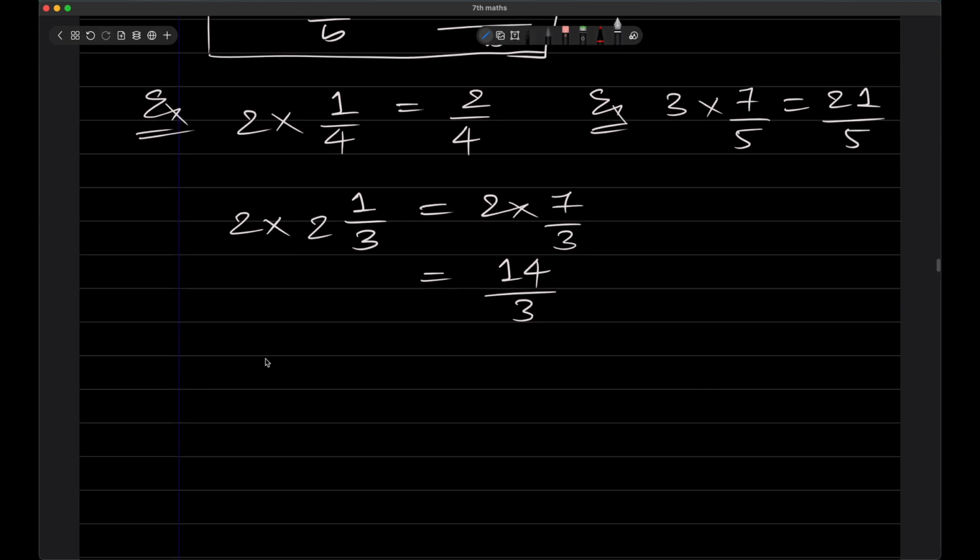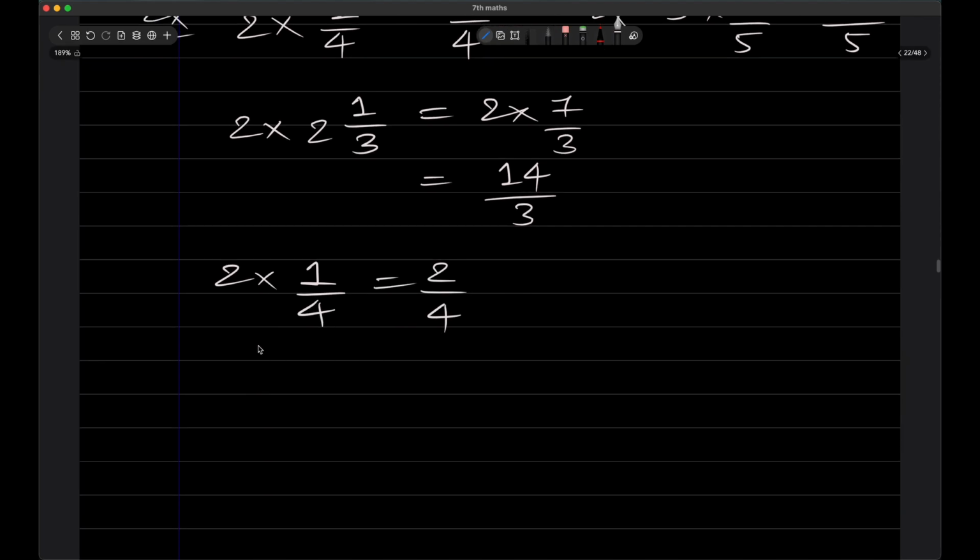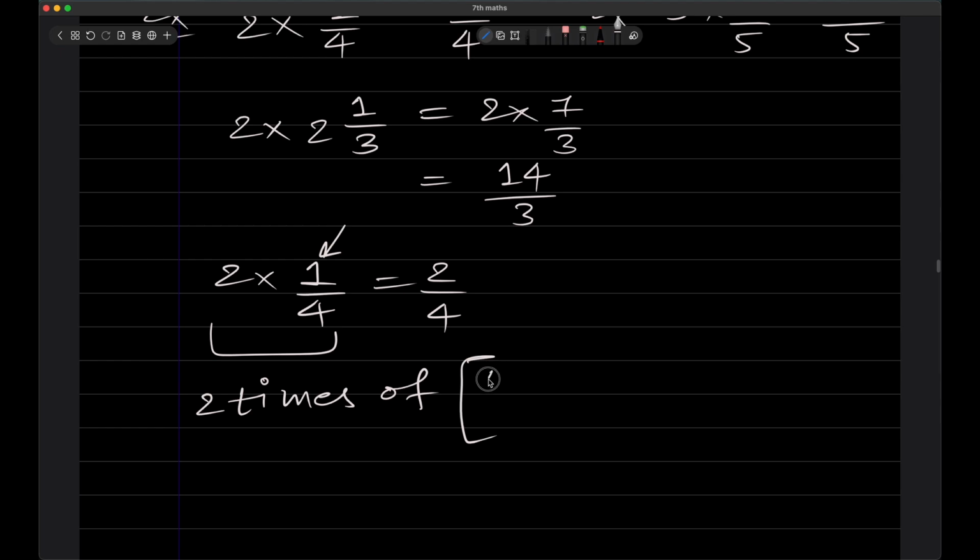Now to represent the multiplication of a fraction by a whole number, we can write 2 into 1 by 4 as 2 times 1 part out of 4 parts.